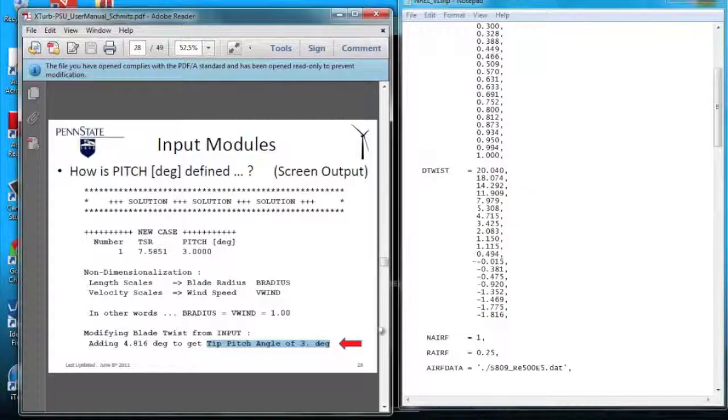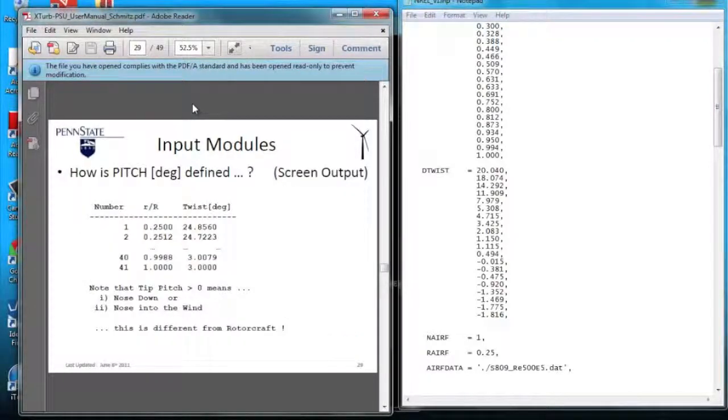So that means you can change the pitch setting independent of the local twist entries. And I always found that a very useful feature in a design process.